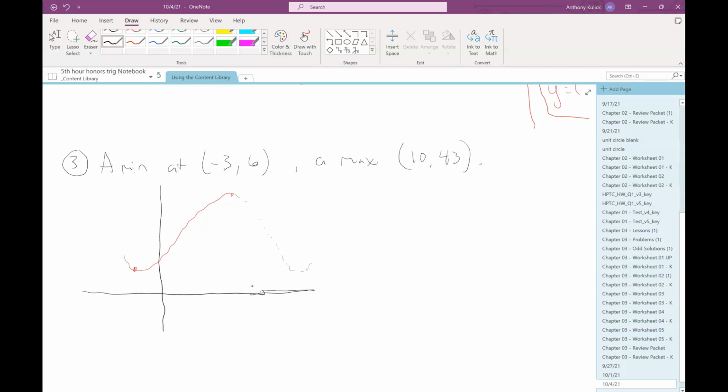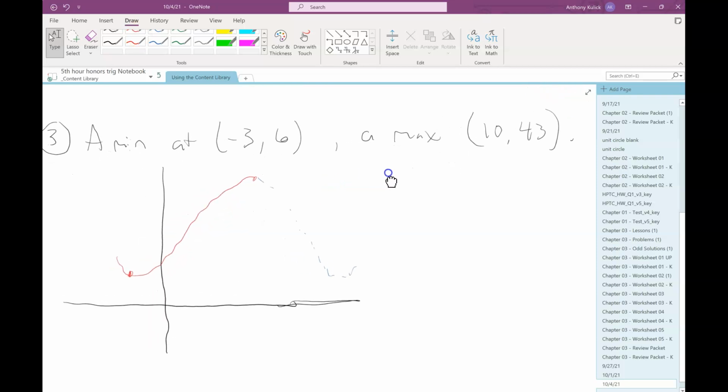Everybody's good with what we've done there, just from a picture standpoint?